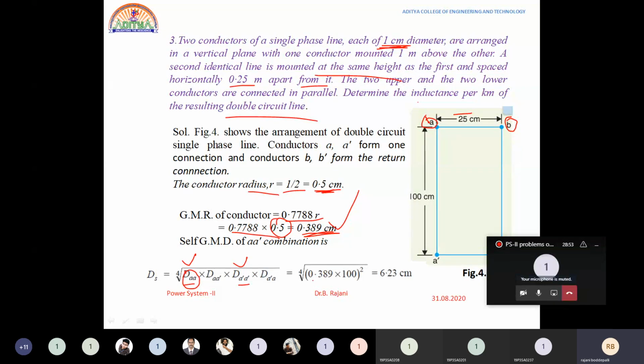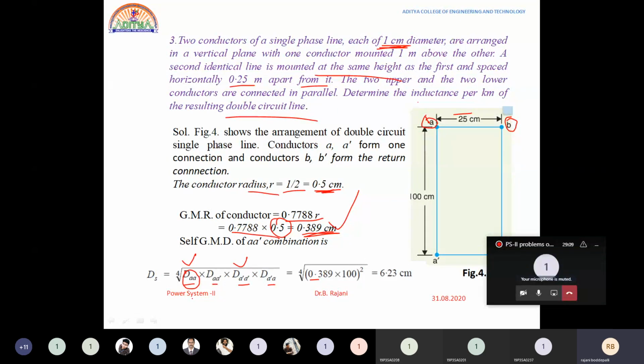That's why we have 2 times, and the square. So again A dash we have to see. A dash is how much? A dash is 100 centimeters as given.